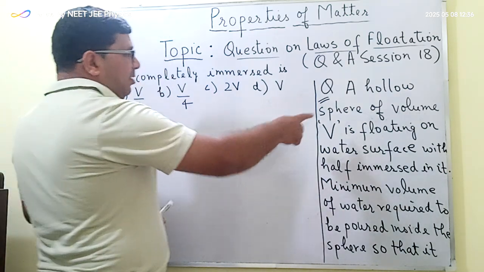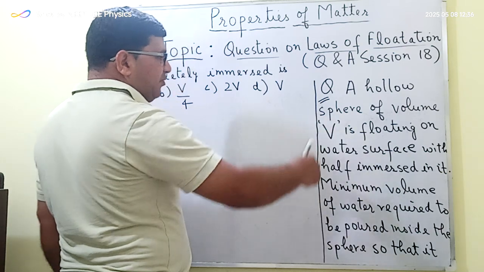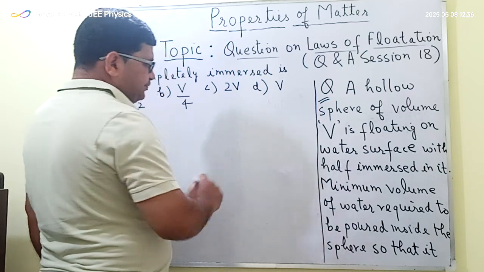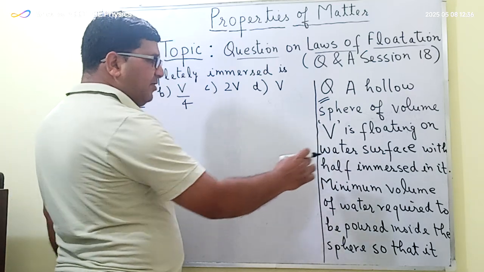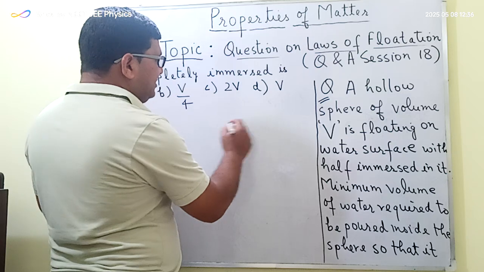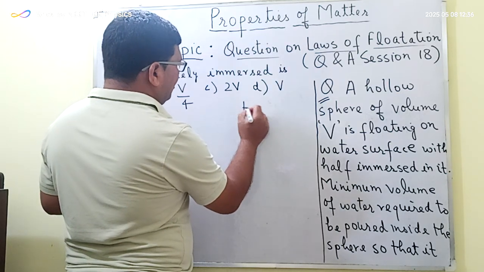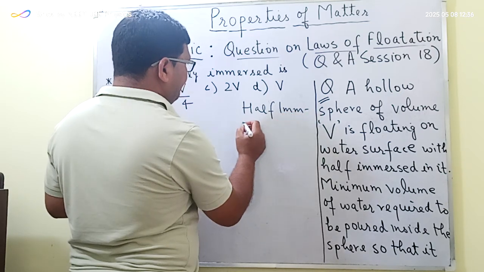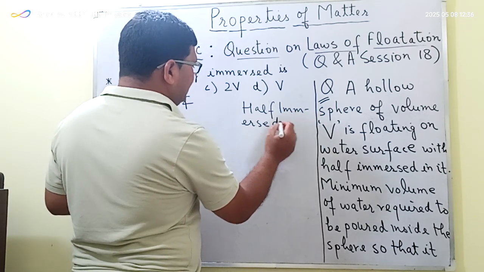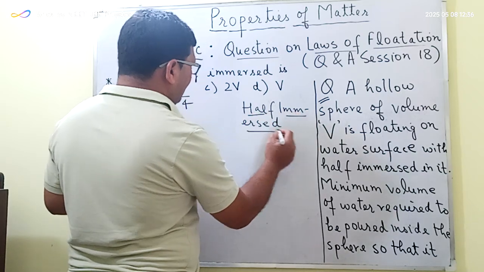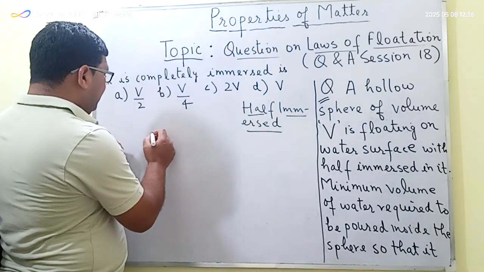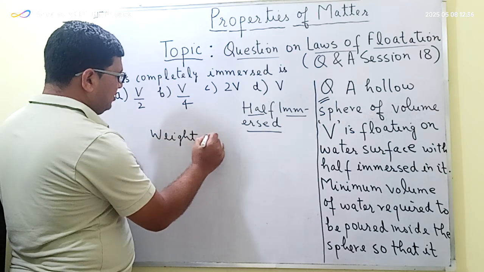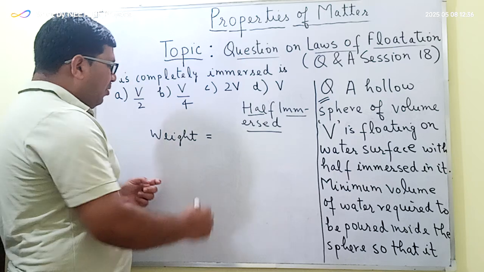Here we have one hollow sphere of volume V and it is floating on the water surface with half immersed in it. In this condition, when the sphere is half immersed, the weight of the sphere should be equal to the buoyant force.